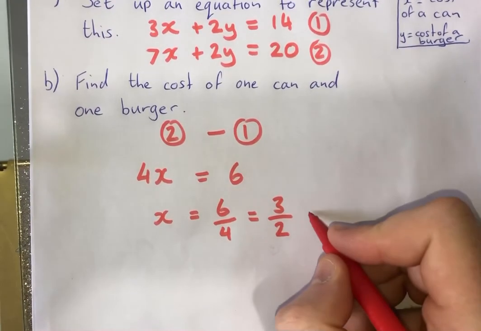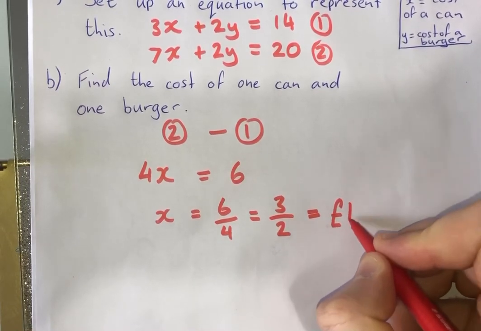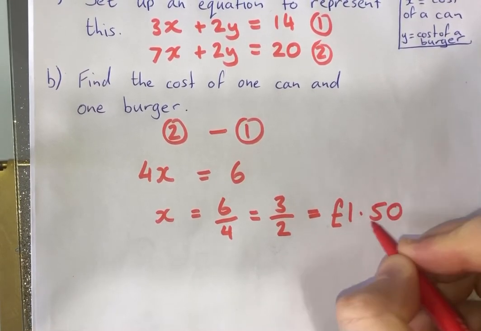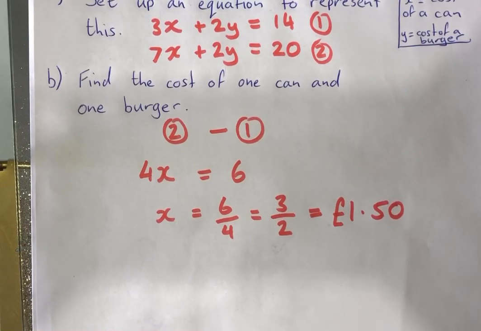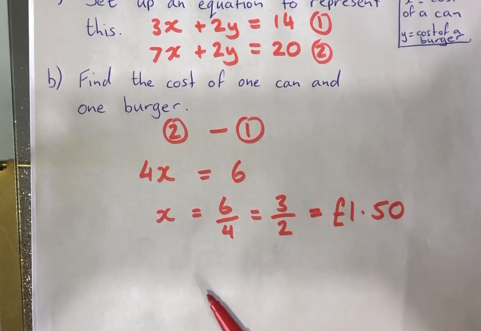Okay, but now in terms of money, that is going to be £1.50. Okay, 3 over 2 as a mixed fraction would be 1 and 1/2.